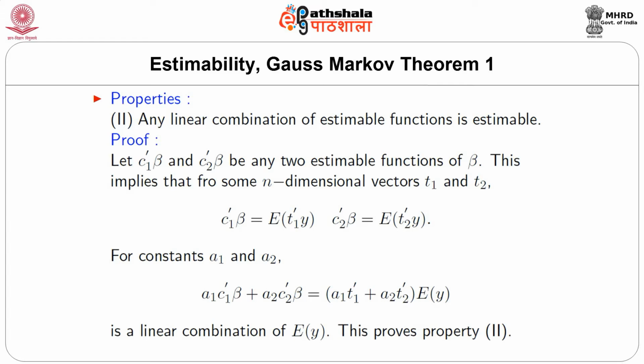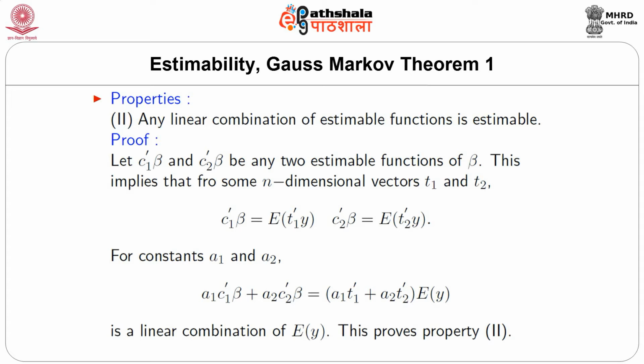Now we form any arbitrary linear combination of these estimable functions, which means you multiply them with any two numbers and add them up. Let us take the constants a1 and a2, multiply the first term by a1 to get a1 c1 prime beta plus a2 c2 prime beta.